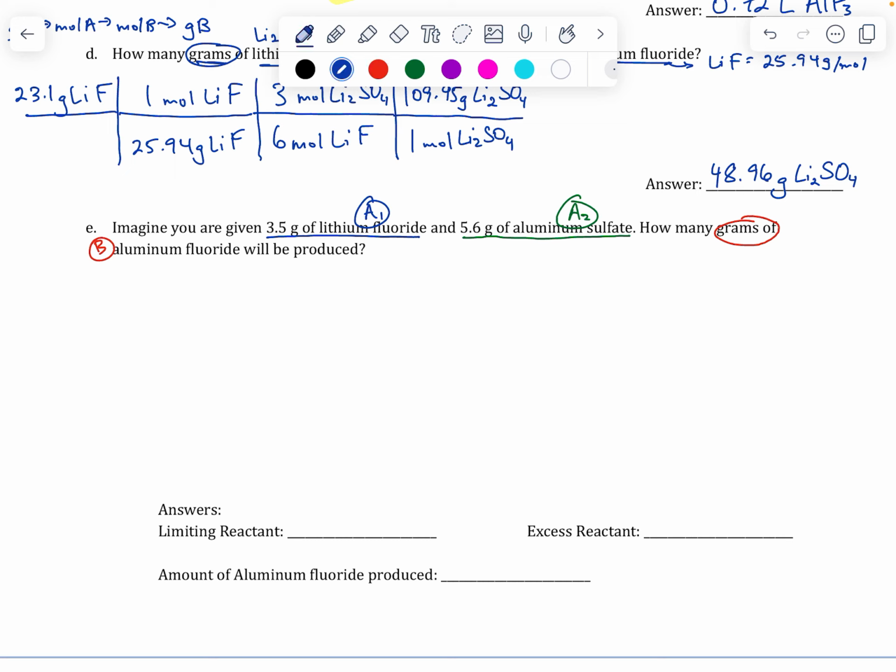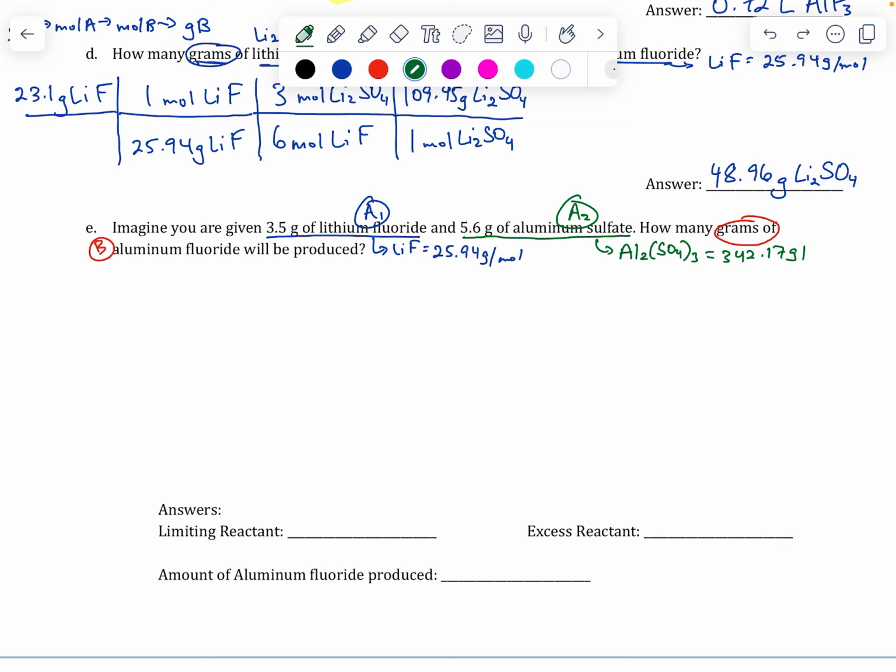So for the first one, and I see grams, so I'm going to make sure that I have LiF is my 25.94 grams per mole. I know that aluminum sulfate, Al2SO4, a little obnoxious to write, but it's okay. That one is, I believe, 342.17 grams per mole.